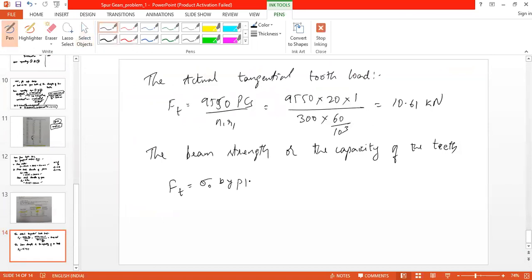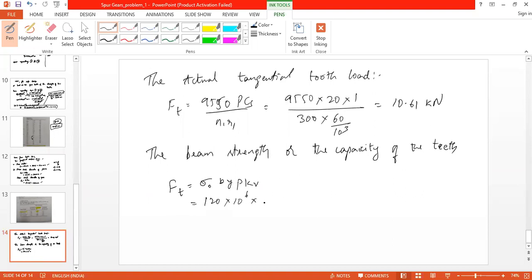Okay, so what is sigma O1? Allowable stress, 120 megapascal, so it is 120 into 10 power 6.